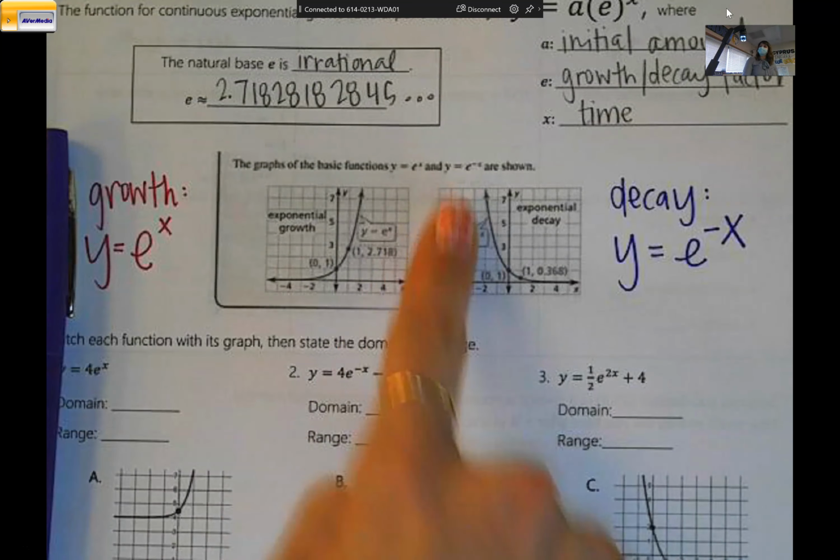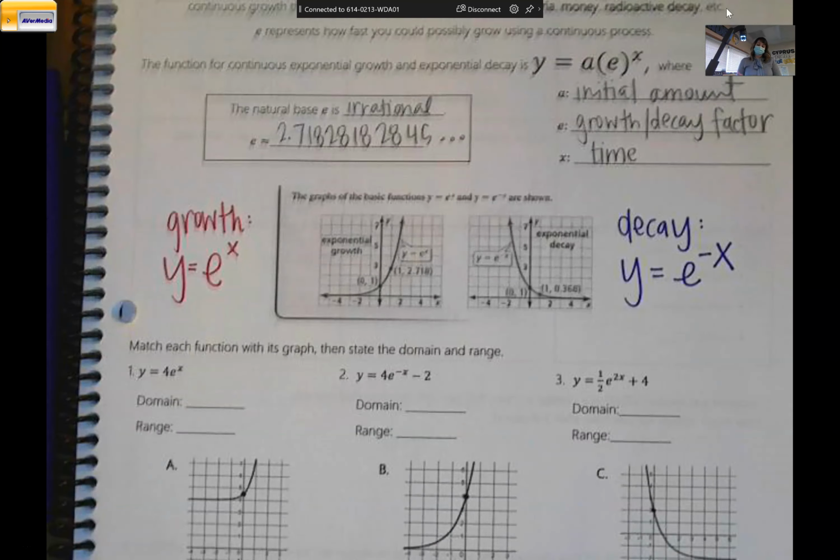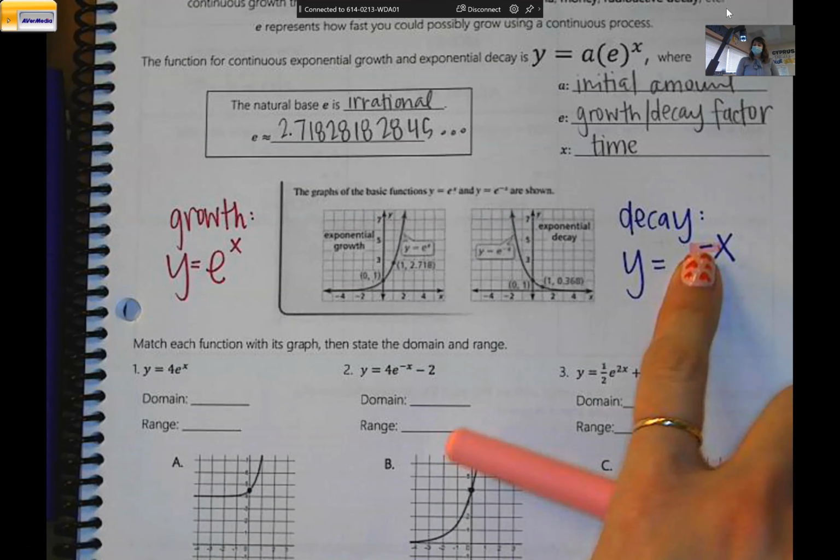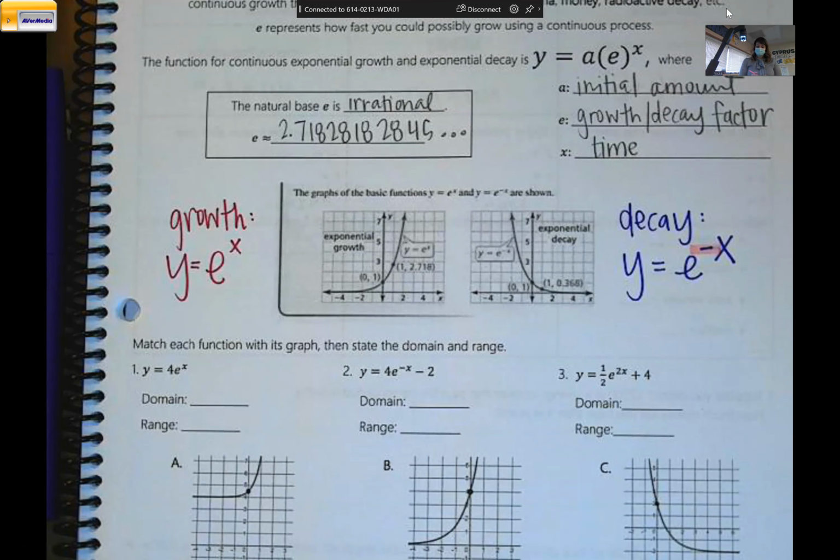What is the only difference between these two things? There's one difference between this function and this function. The negative exponent. This is what tells you if something is growth or decay. If your x is positive, you would say that it is growth.